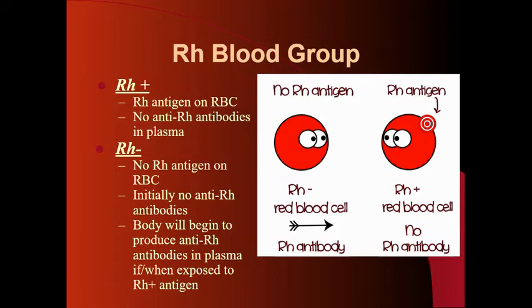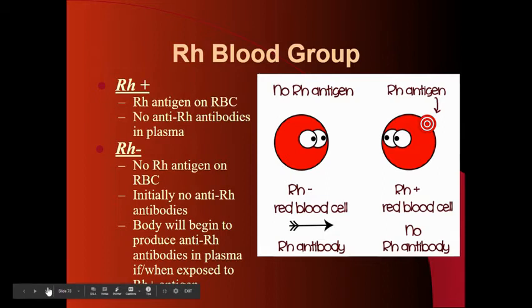Someone who is Rh negative has no antigen on the red blood cell, and initially they have no anti-Rh antibodies. Their body will begin to produce anti-Rh antibodies if and when they are ever exposed to the Rh positive antigen.